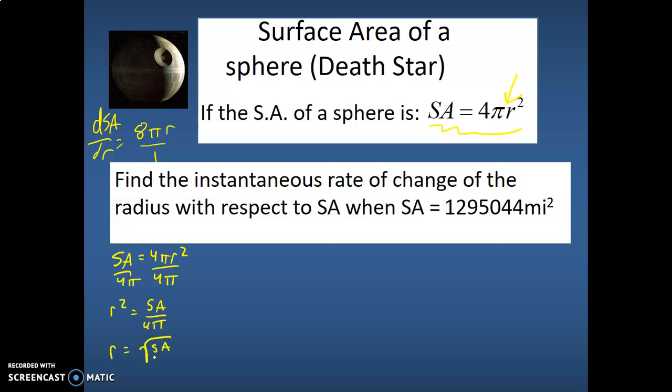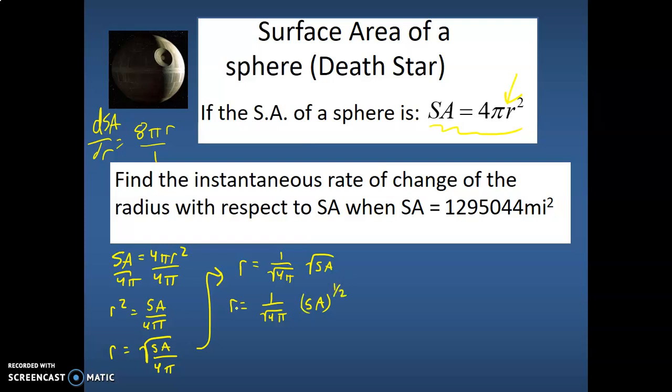Without getting into too much detail, we're going to look at the positive square root in this particular problem. So I'm going to rewrite that as 1 over the square root of 4 pi times the square root of SA, which I can think about as 1 over the square root of 4 pi times SA to the 1/2 power.